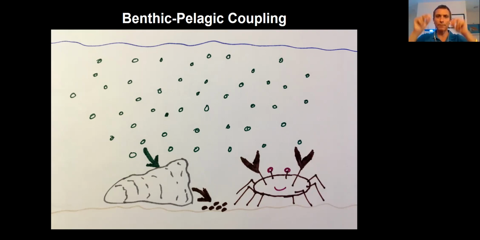It just doesn't work. But over here, we have an oyster. And as we just learned, oysters are great at filtering algae out of the water. When they're done filtering the algae, they digest it. And then out the other end comes oyster poop, as well as something called pseudofeces.